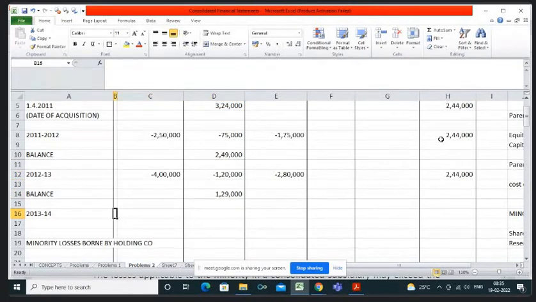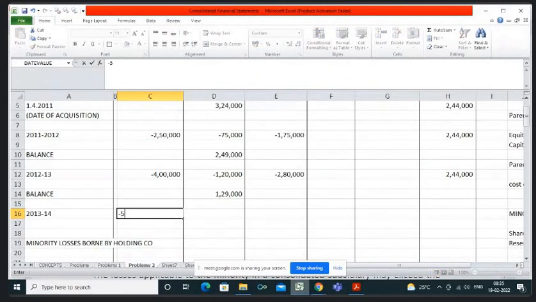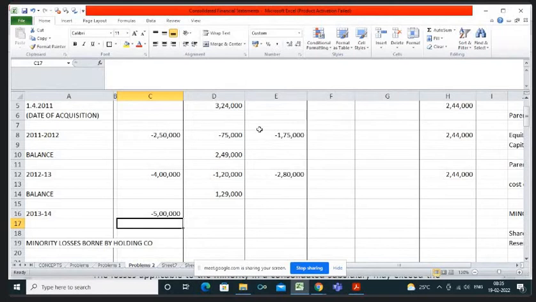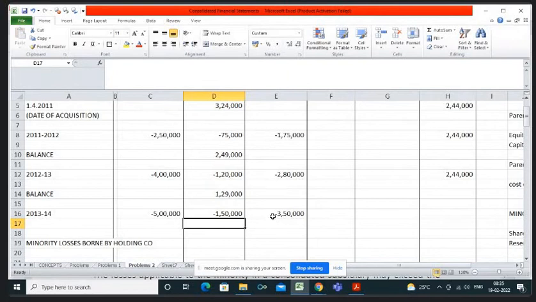So next we will move on to the third year. Again 5 lakhs losses, minus 5 lakh. If we divide this 5 lakhs between the holding company and minority, we get 1,50,000 and 3,50,000.